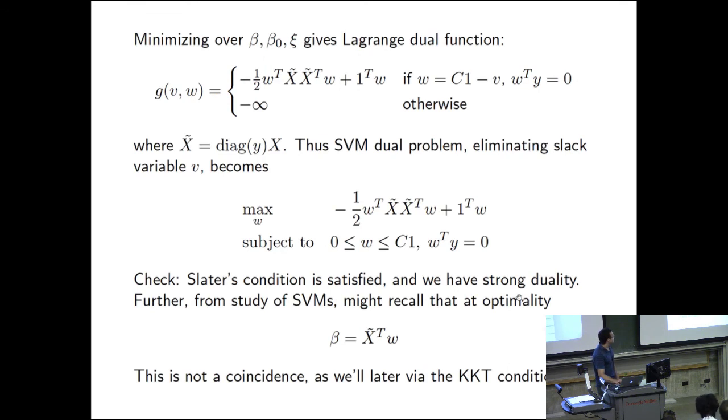And in fact, you might recall from what you know about SVMs that at the solution, beta is equal to X tilde transpose W. So we have an even greater use of duality here, where it's not just that we can learn about the primal criterion value from the dual criterion value, we can actually learn about the primal solution from the dual solution.